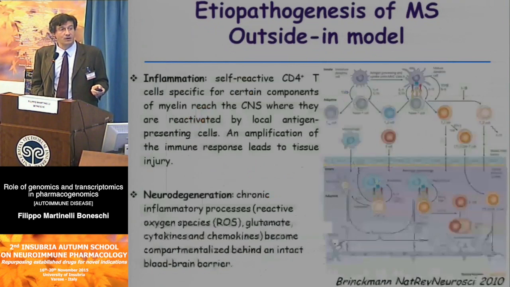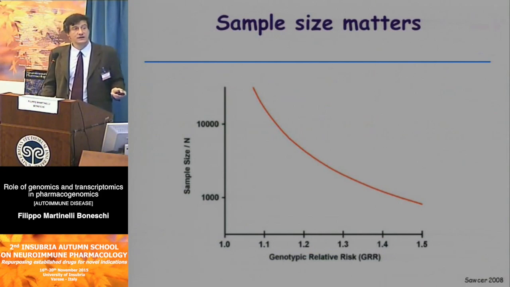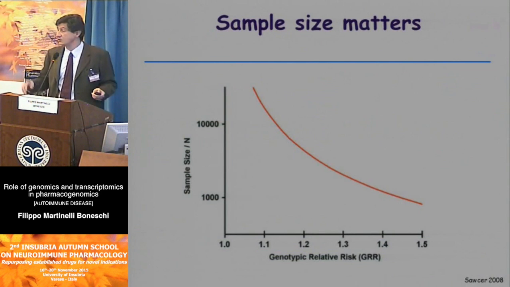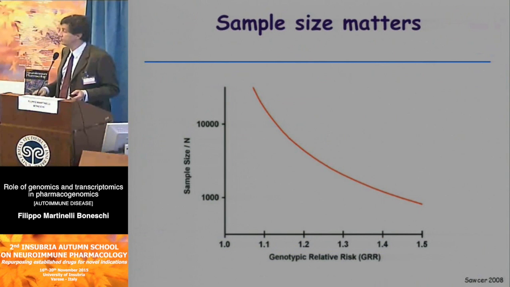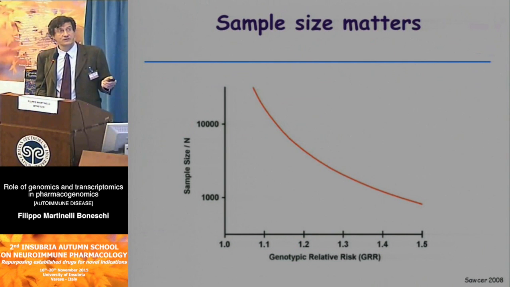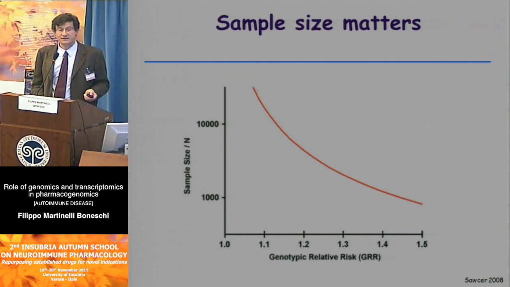And I'm making this point because this is a key issue, and I think it's very important to understand, also to understand the role of pharmacogenomics. The fact that sample size matters is very important. So this is very self-explanatory.